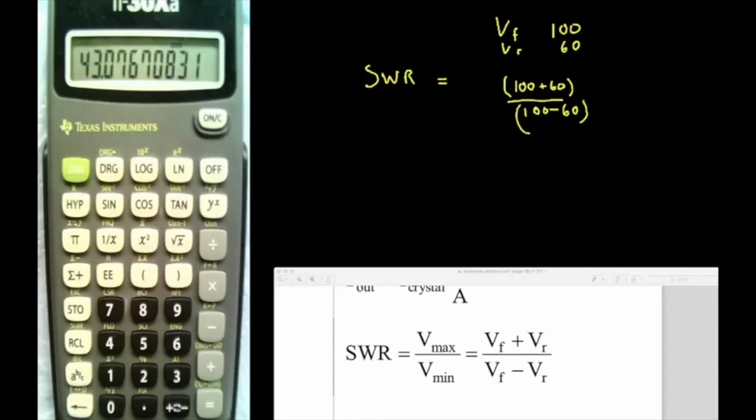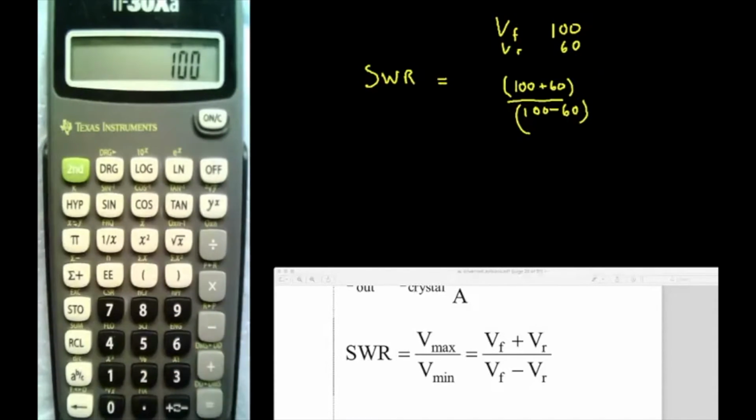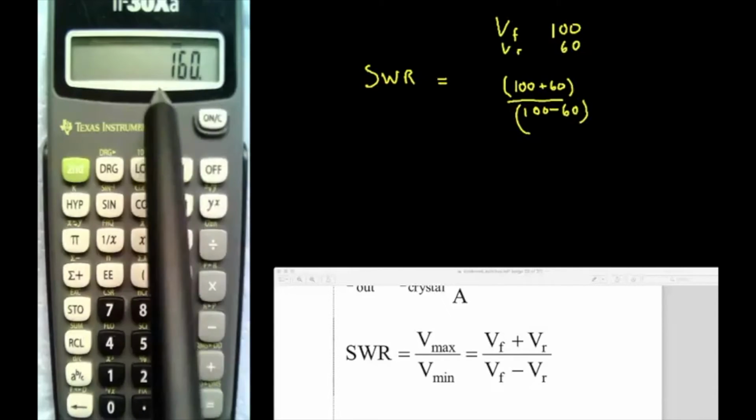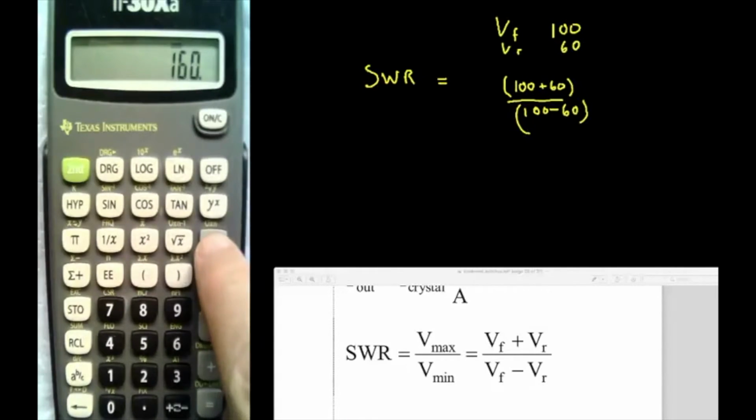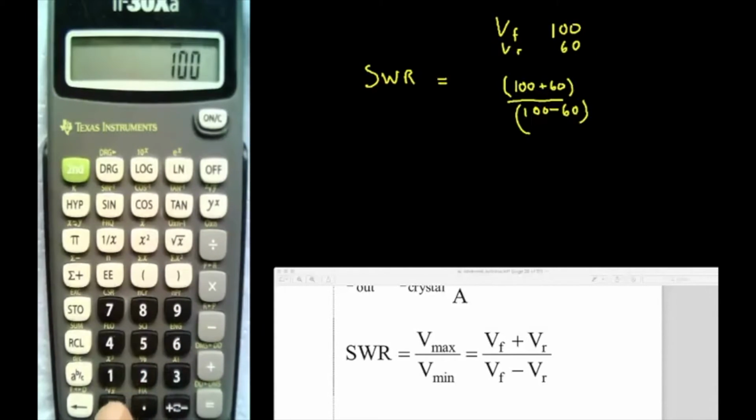Now, we could easily do that in our head, but let's get the calculator to do the whole thing. So we'd start off with an opening bracket, 100 plus 60, and I'm going to close the bracket. And you see, as I close the bracket, it evaluates the result straight away. Now I say divide by, open bracket, 100 minus 60.